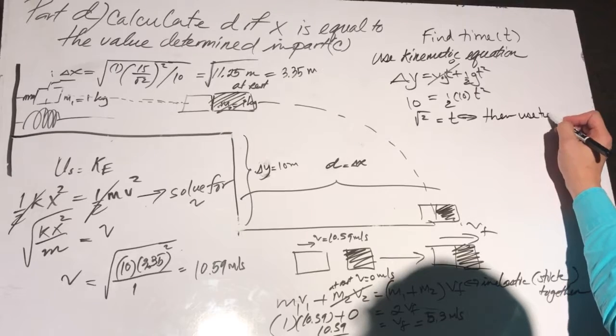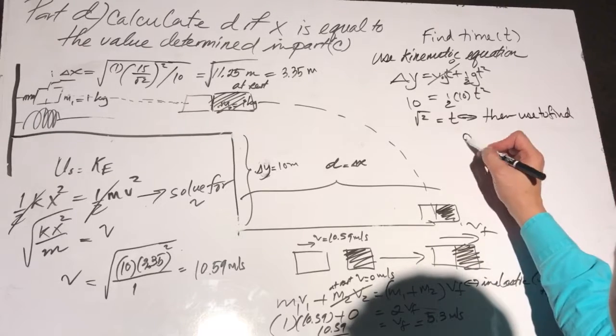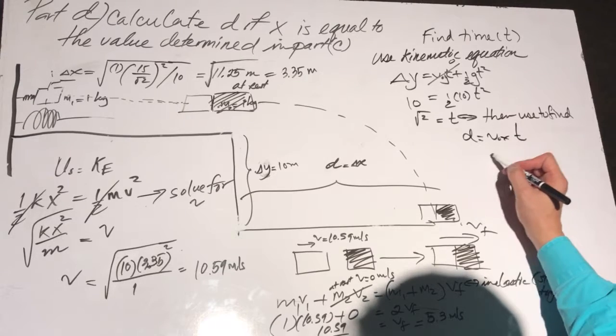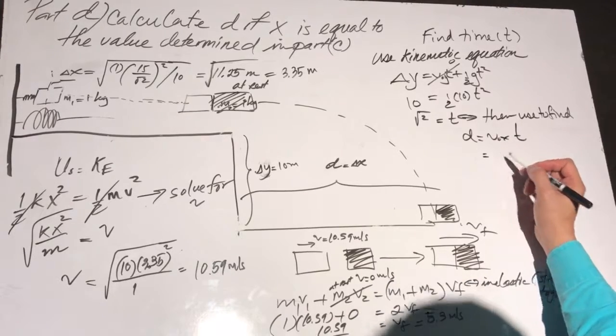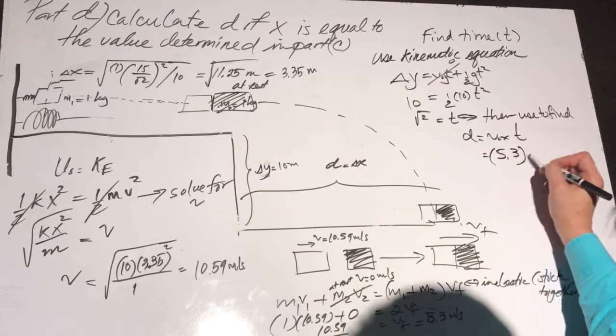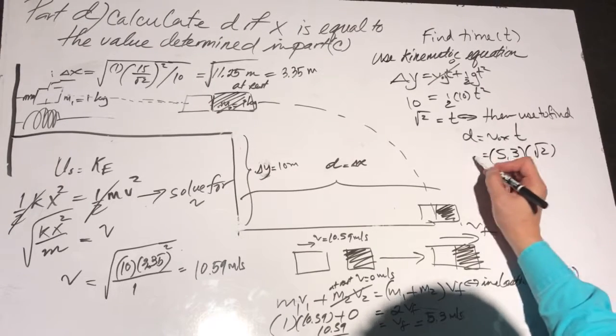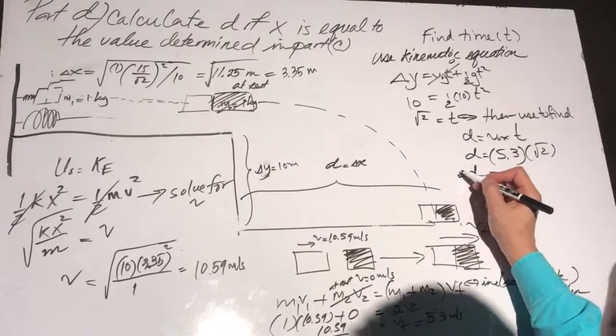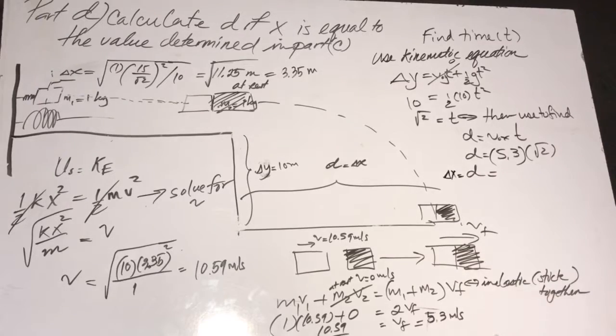Then use d is vx times t. The initial velocity, which is the one we just got from here, so that would be 5.3 times the square root of 2, and that should give you a distance. So your distance right here, which is delta x, basically it's the same thing.